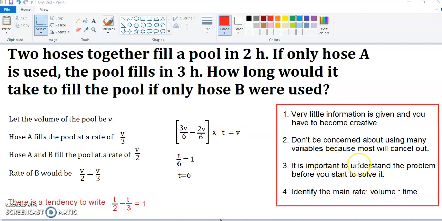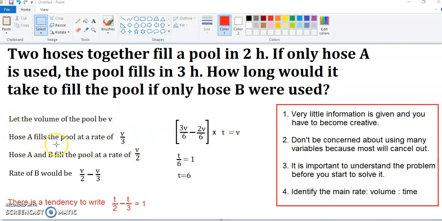And sometimes there is more than one way of solving the problem, in other words, several rates, right? Now, the main rate in this case is volume over time, or time over volume, which is the reciprocal of the main rate. So let the volume of the pool be V. That means it contains V cubic units, whatever they are.